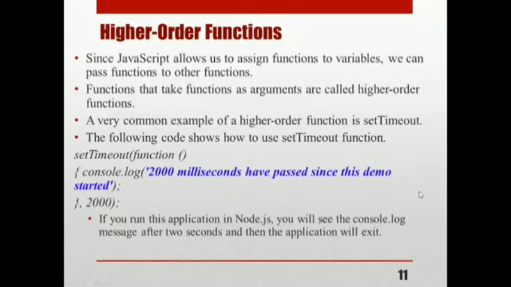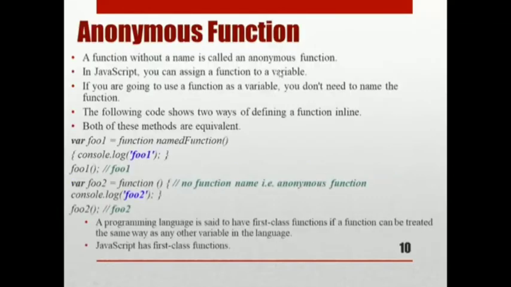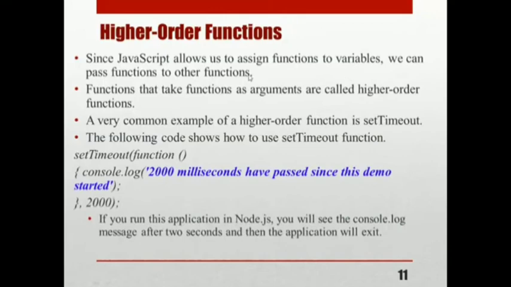The next topic is higher order functions. Since JavaScript allows us to assign functions to variables, we can pass functions to other functions. We have seen that we assign the function to a variable, so we can pass a function to other functions, like passing parameters.